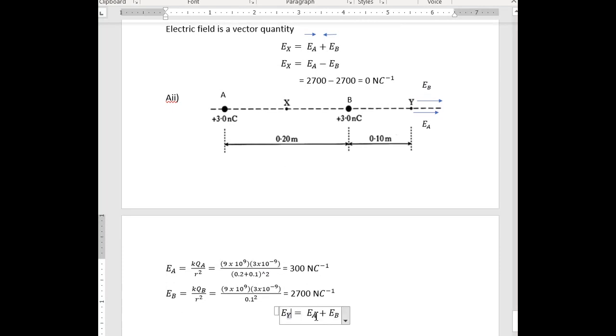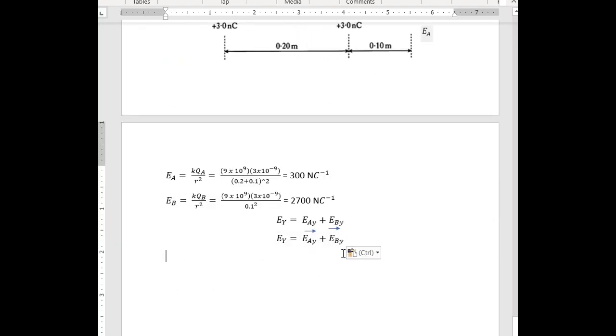E at Y is electric field induced by A at the point Y plus electric field induced by B at point Y, and they have the same direction. So E at Y is EA plus EB equal 2,700 plus 300 equal 3,000 Newton per Coulomb. Direction to the right.